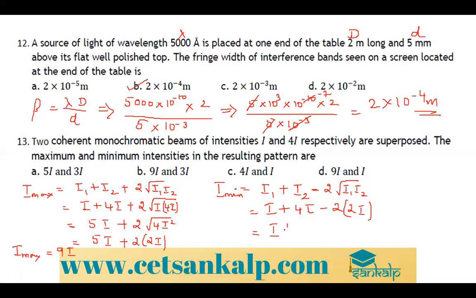So I plus 4I minus 4I, 4I cancel. So I minimum is equal to I ಆಗುತ್ತೆ. So option D, 9I and I. I hope you are clear with this. So do you have any doubts? ಎಲ್ಲರಿಗೂ ಕ್ಲಿಯರ್ ಆಗಿ ಅರ್ಥ ಆಗಿದೆಯಲ್ವಾ?